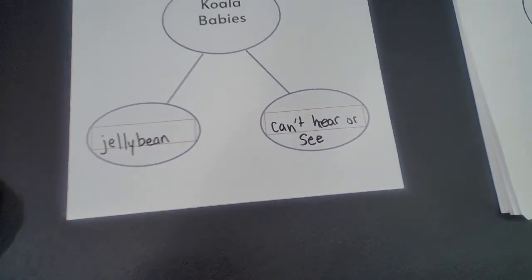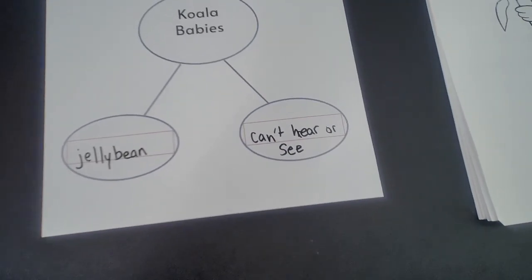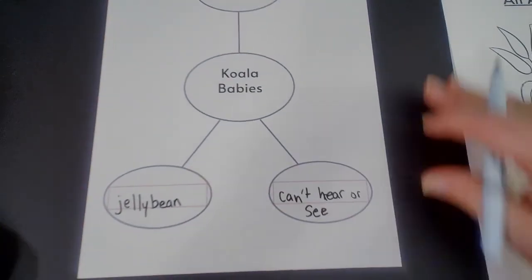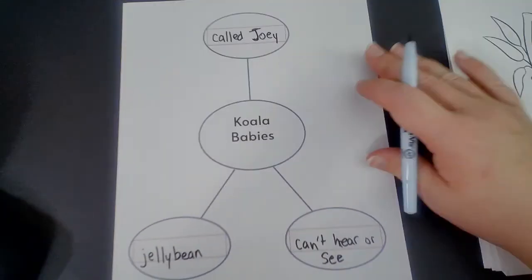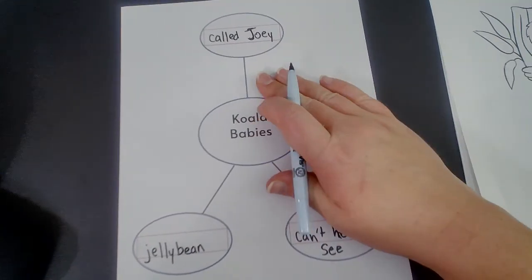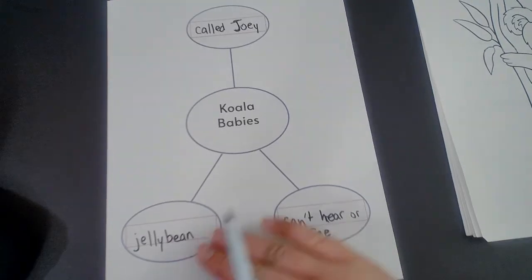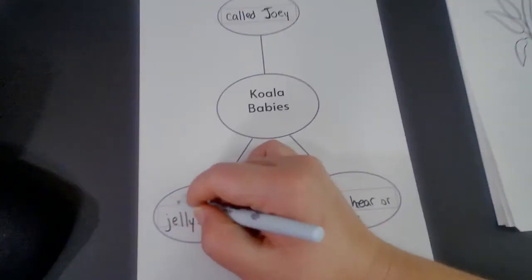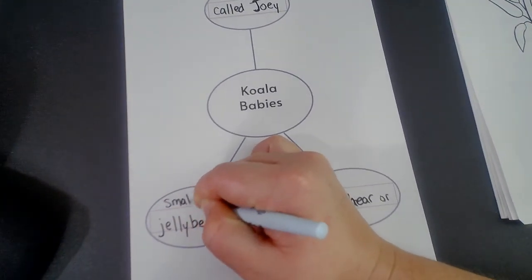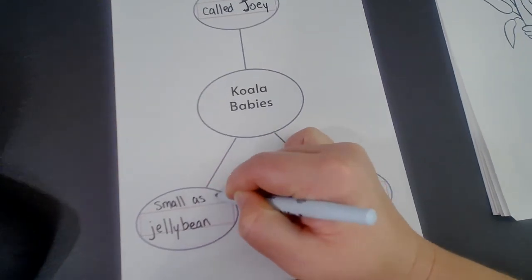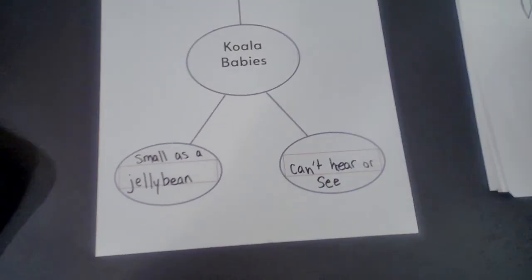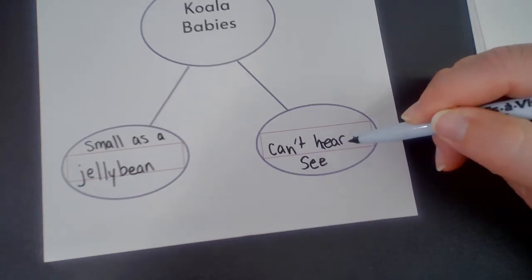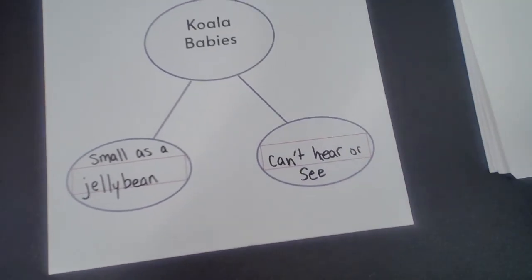Okay. So remember, you might have different things, and that is excellent. That means we're all getting different things out of our stories. So I'm going to write about, it's called a joey. They're as small as a jelly bean. And they can't hear or see.